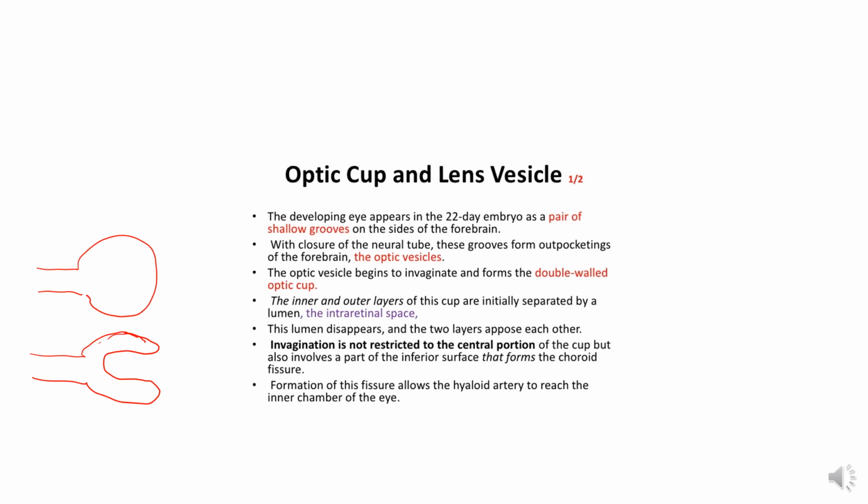So this cup-shaped structure has an inner layer and an outer layer. This is the inner layer and this is the outer layer. So this is the optic cup and this is the optic stalk.